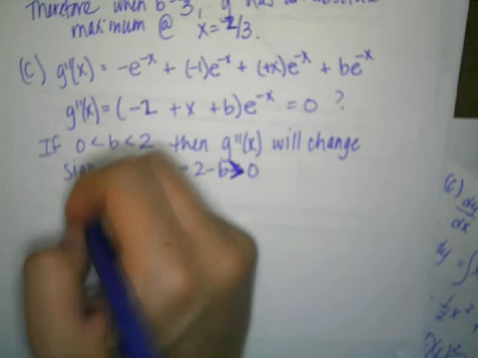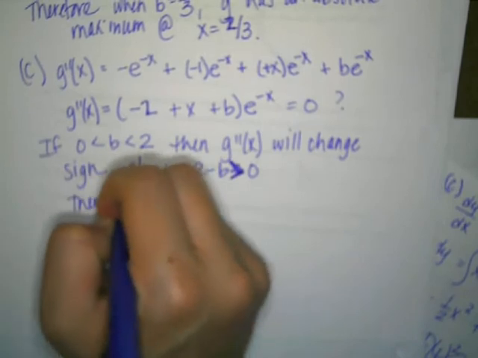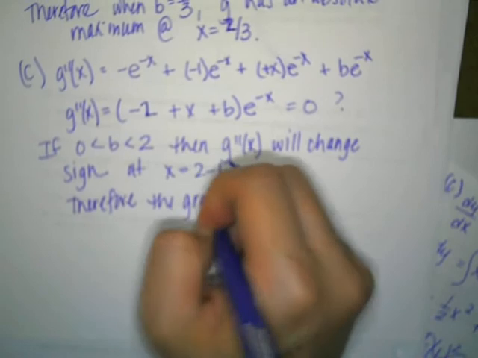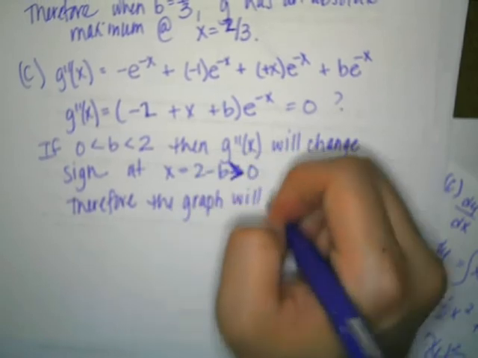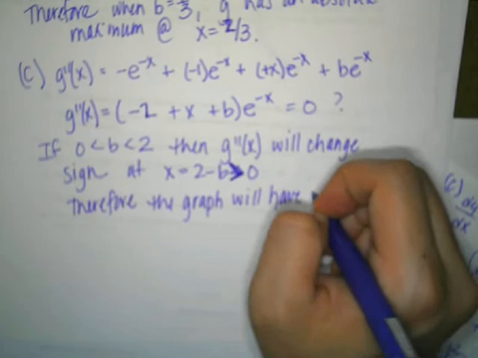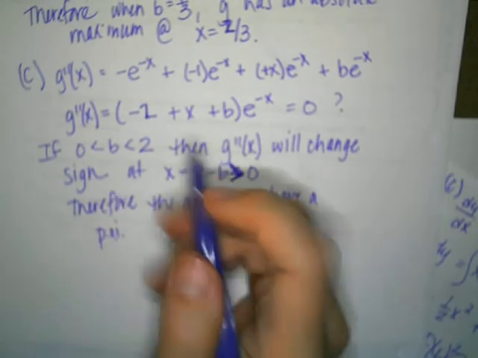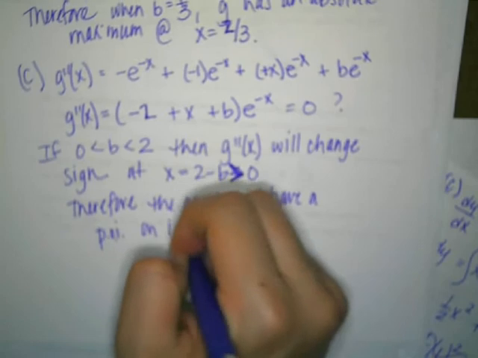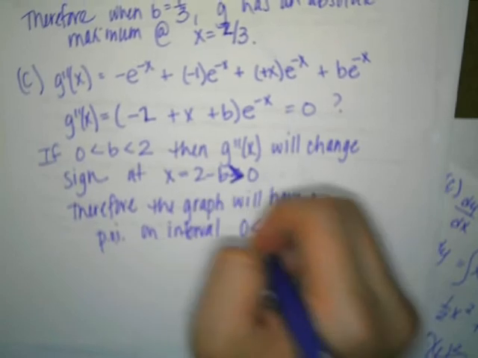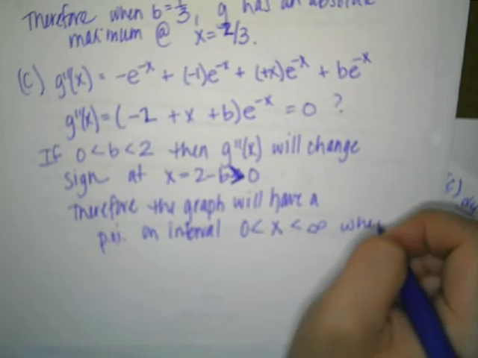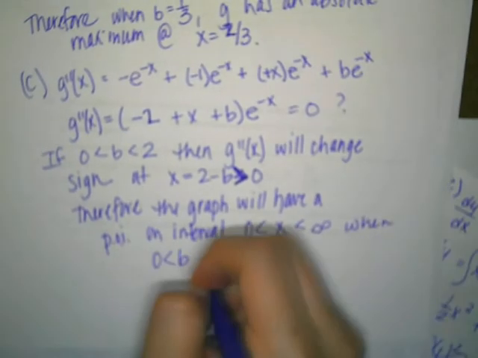So therefore, the graph will have a point of inflection on the interval 0 to infinity when b is between 0 and 2.